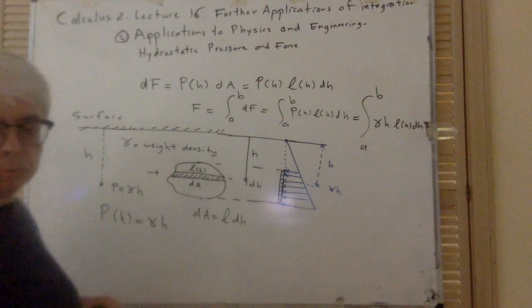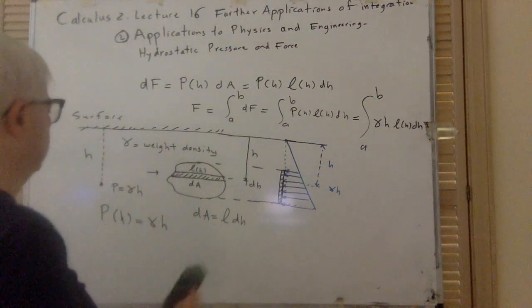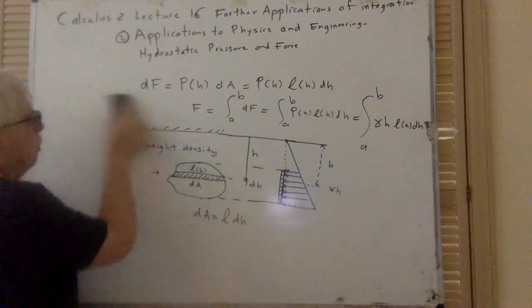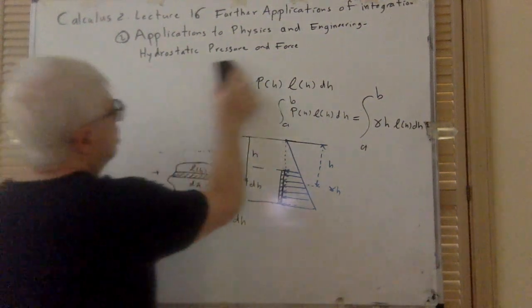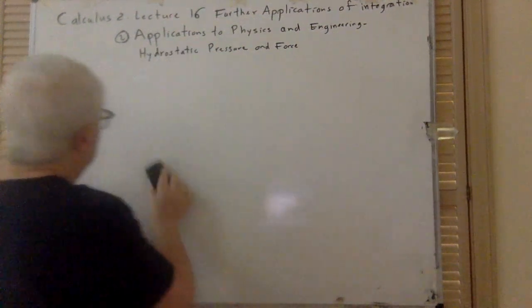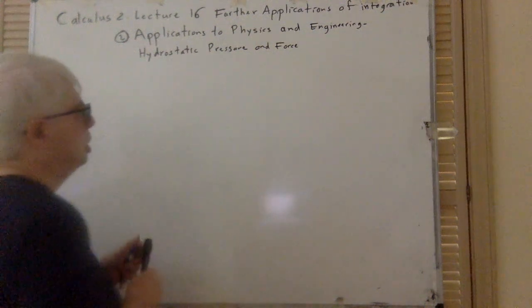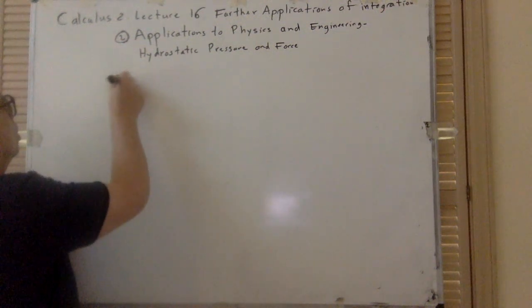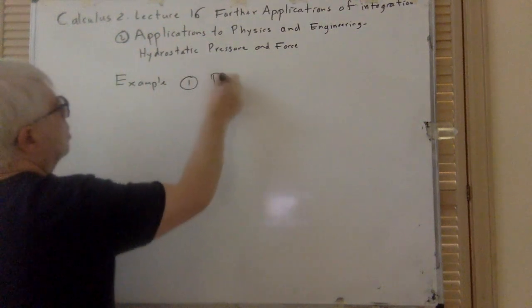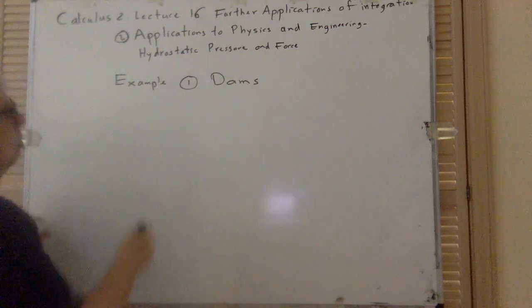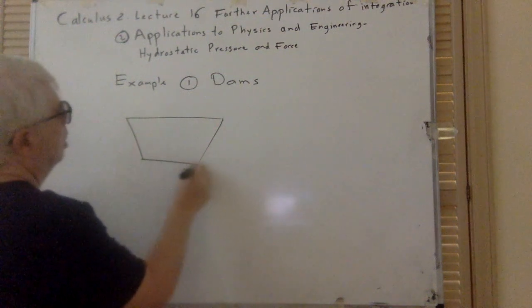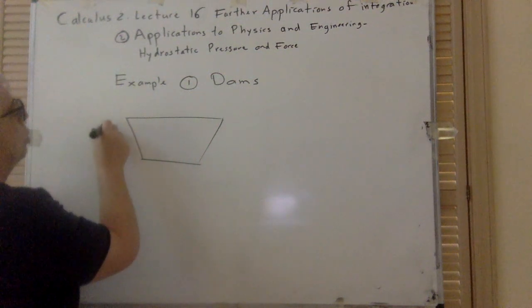Okay, so let me give you an example, because problems are usually like this. If I have something submerged, one of the things that is submerged in water is a dam. Dams look like this, something like a trapezoid, for example, and then water is up to some point here.